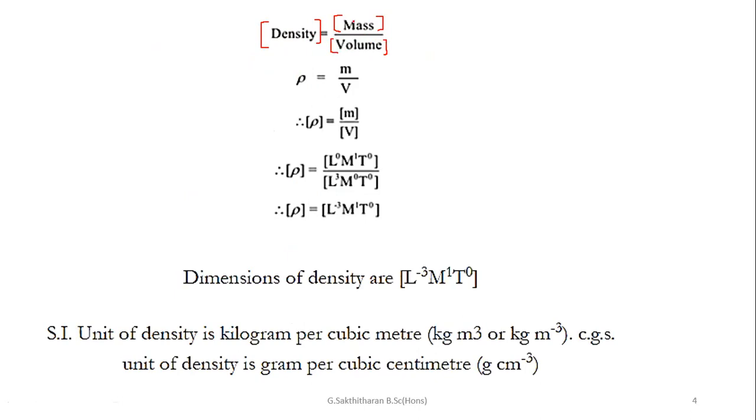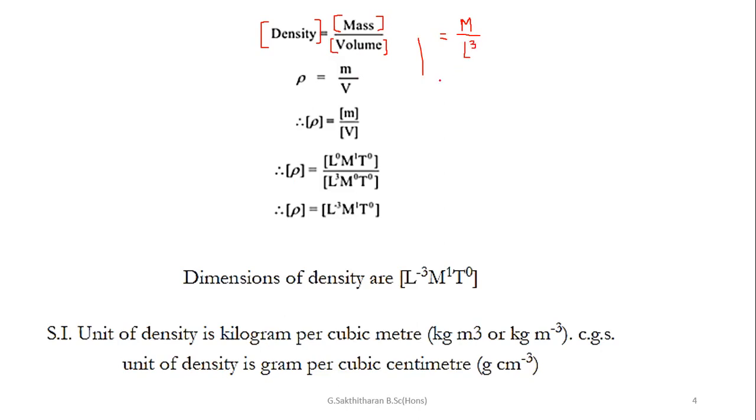So here the dimension of the mass is capital M, over the volume, the dimension of the volume equals L cube.